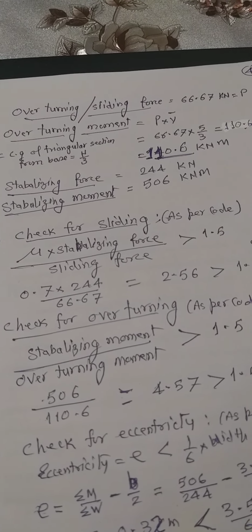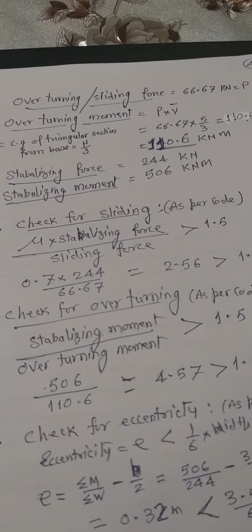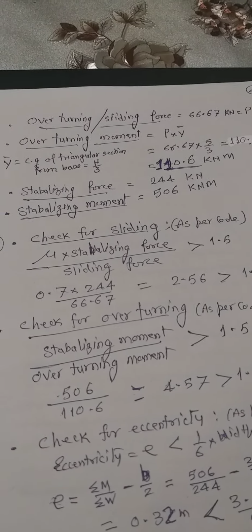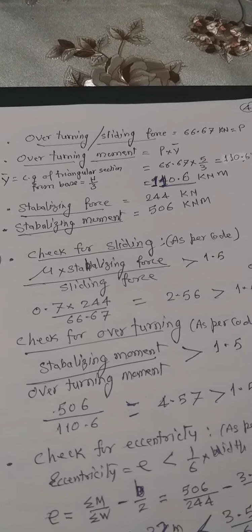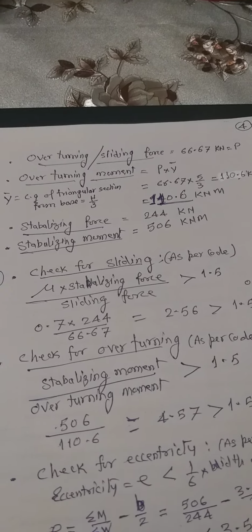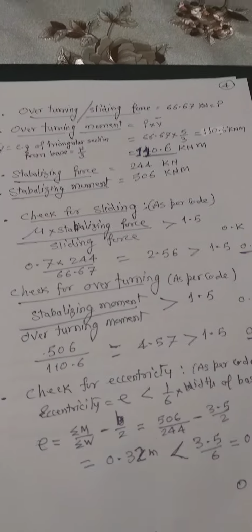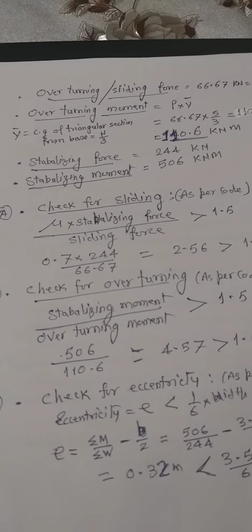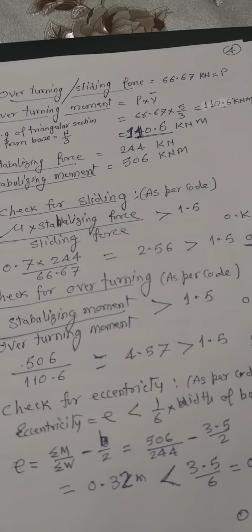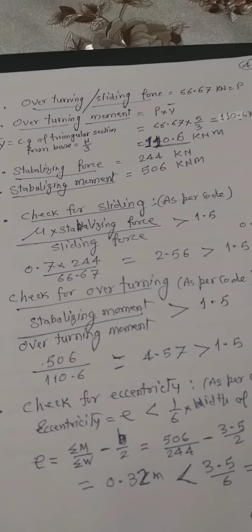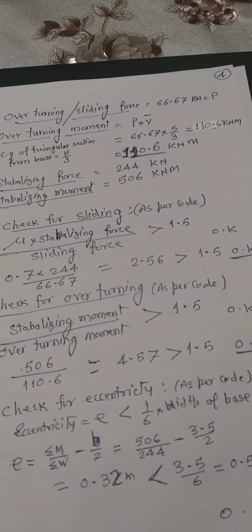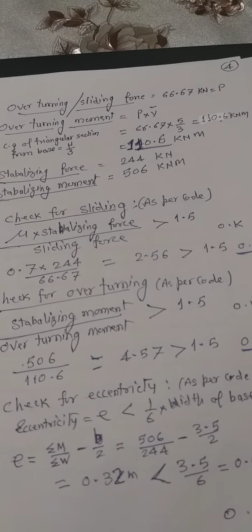Similarly, the overturning moment is nothing but the overturning force multiplied by the center of gravity, that is y bar, that is 1.67 from the base. This will try to overturn the wall, and hence we are supposed to find out this overturning moment, that is 66.67 into 5 by 3, which will give 110.6 kilonewton meter. This is the moment which is overturning the wall.